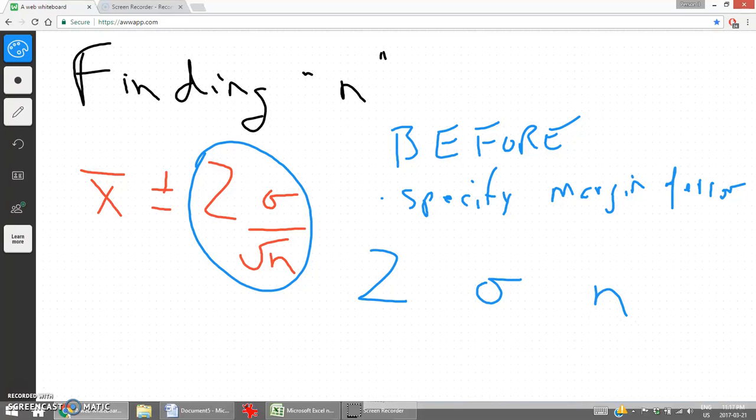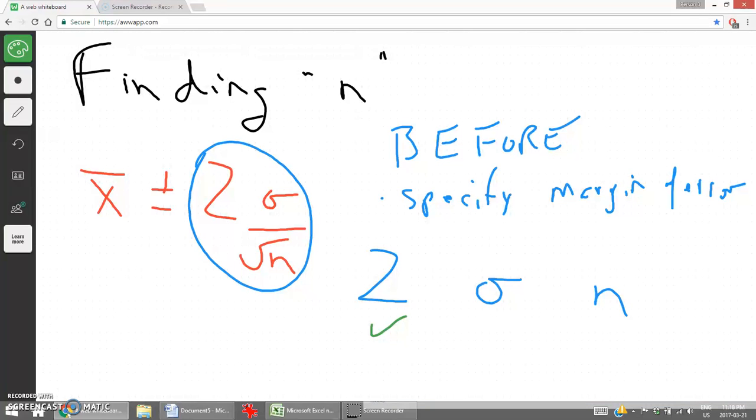Now if we want to have a smaller margin of error, how can we do that? Well, we could change our Z value. Our Z value is based on our level of confidence. If you want to have a smaller margin of error, what you would end up doing is decreasing your level of confidence, going from say 95% to 90%.